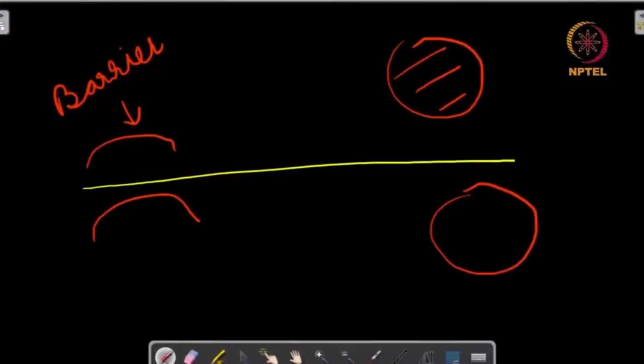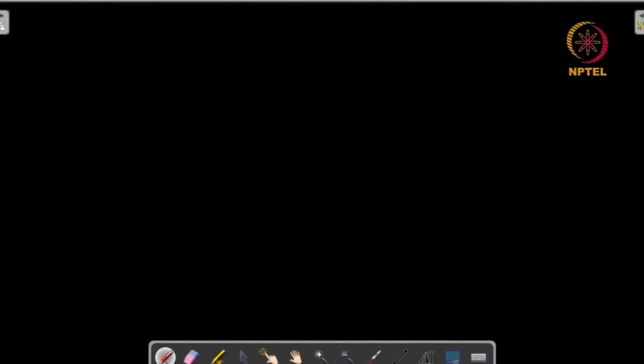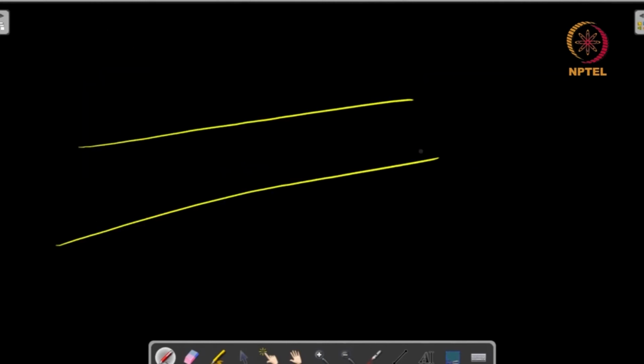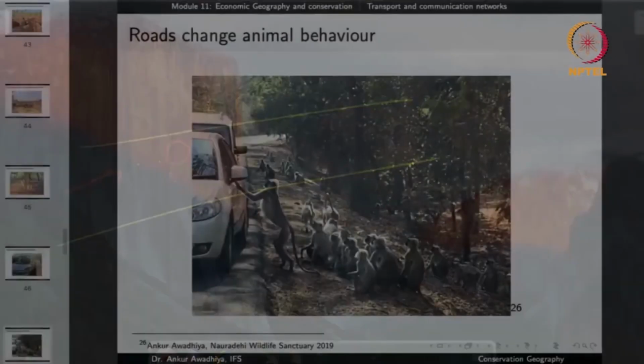And at times people just throw the food on the road, and so you now have a situation where you have this road, and on this road you will find that when people have thrown food, the food is lying on the road. Now once you have an animal that comes to the road to eat this food, there is a very good chance of it getting hit by another vehicle. That is another issue that the roads have created.